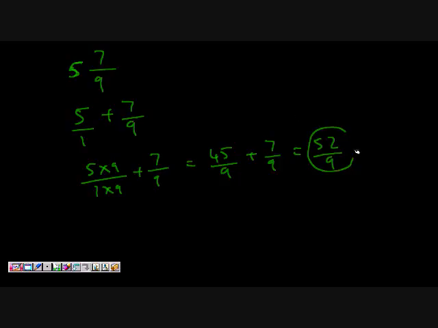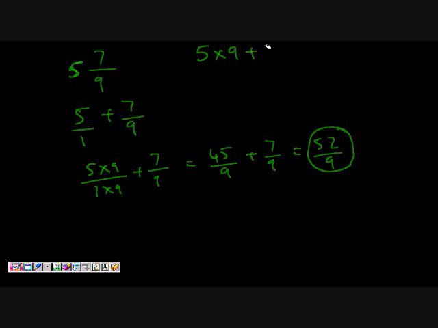Now, this is the longer method of using the LCM and converting it into an improper fraction. One of the easiest methods is multiplying the whole number with the denominator, adding the numerator, and keeping the denominator the same.